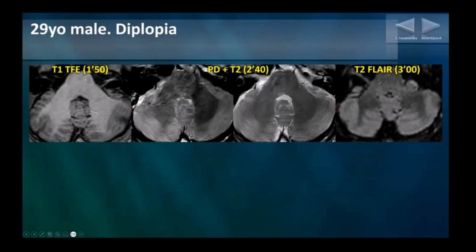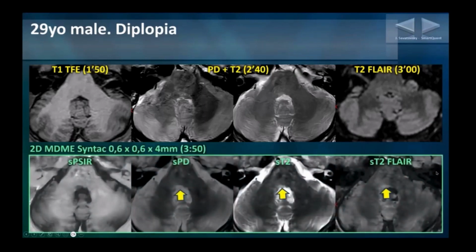Those are the conventional sequences: a 3D T1 TFE, proton density and T2 2D scans, and a 3D T2 FLAIR scan, and we don't see much on them. We notice that, as usual in 3T 2D sequences, we have quite a few artifacts that are quite disturbing in the posterior fossa.